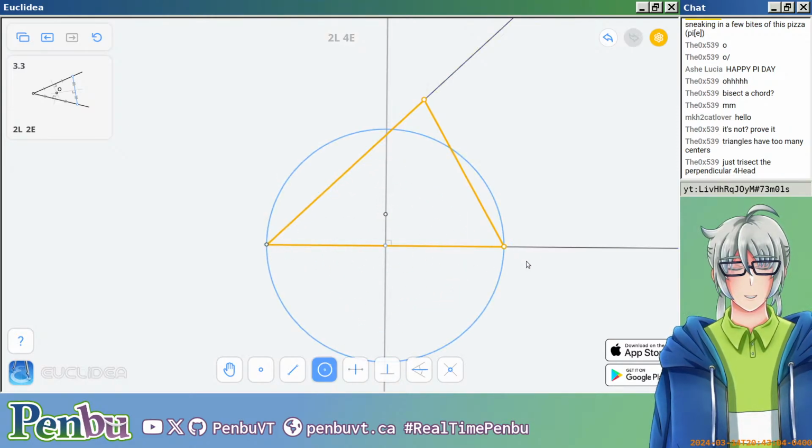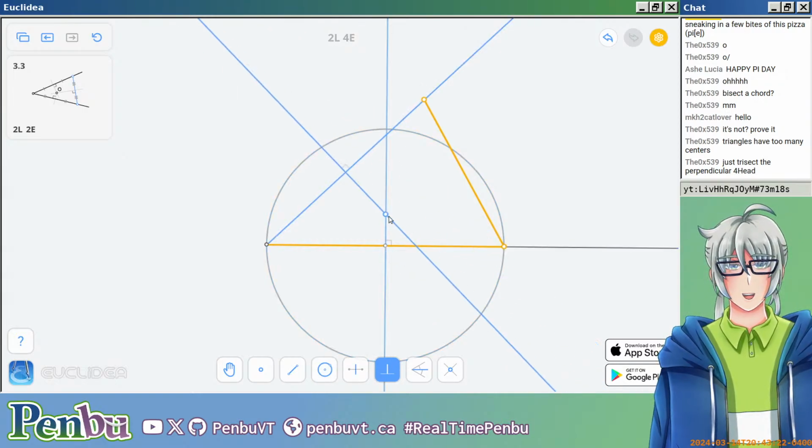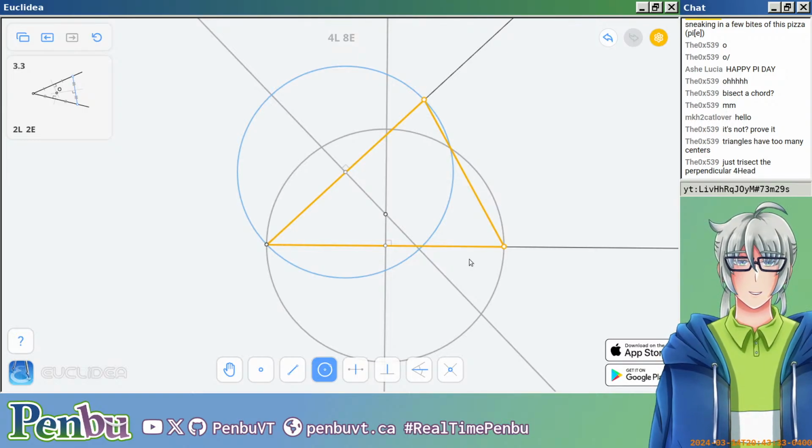From this point to this point, that's how you get this one. And then you can get another one. Because now that you have this point, you can drop another one here and do the same thing with this circle and then connect those two. So that's 4. How do you get down to 2?